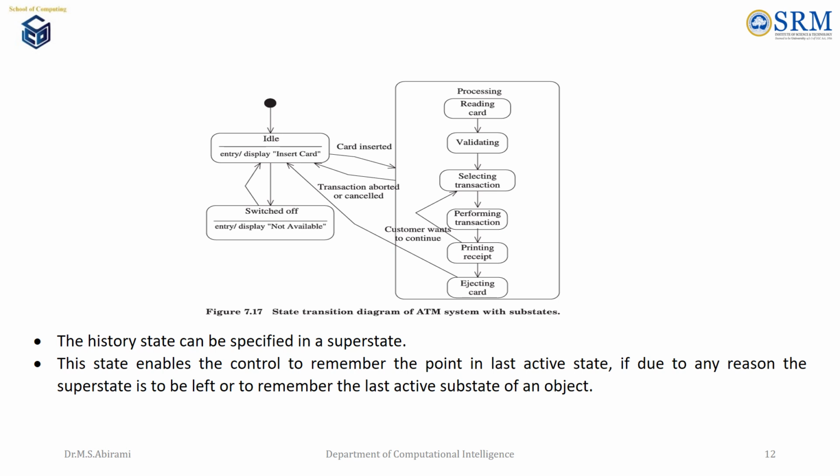After selecting the transaction, we perform the transaction, then print the receipt. After printing, if the customer wants to continue, then he can select another transaction. Then we eject the card. After that, it will be switched off, that is, it is not available.